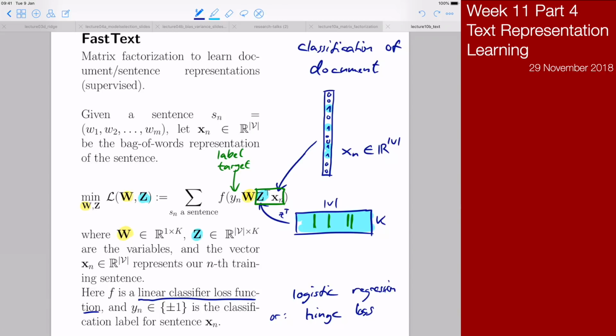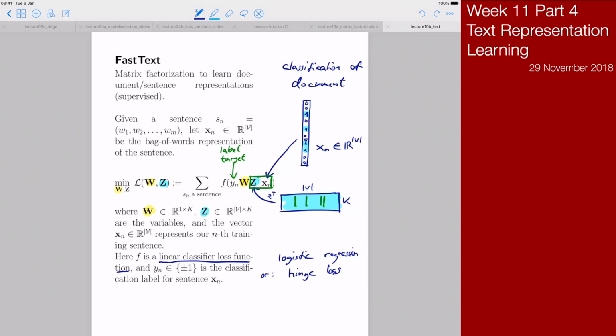That's called end-to-end training, right? You want to train the whole task, make the whole task work, learn the word vectors, so the Z variable is gigantic, 1,000,000 times 50. And the W matrix is very small, that's just a vector of 50, which is a classifier in that space of 50 coordinates. That's where the word vectors live. That's called fastText, and it works super well. It's an open source library.